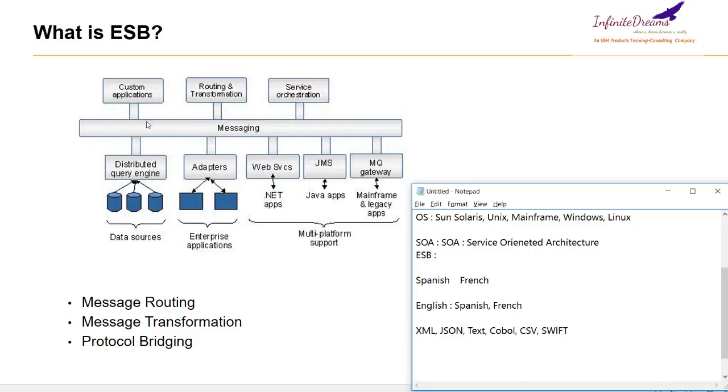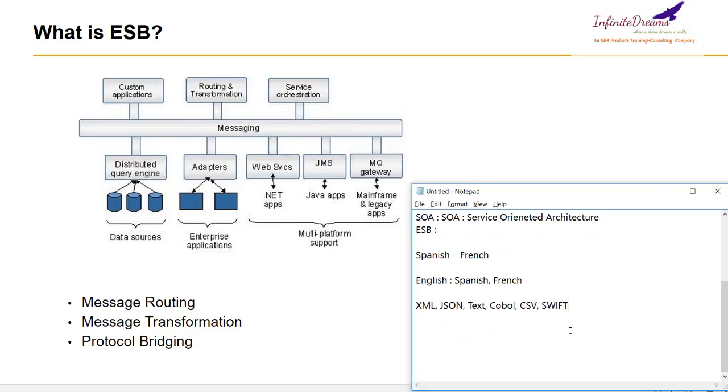I will internally convert that XML message to JSON, and I will deliver that JSON message to the system that wants to receive messages in JSON format. I will get the response in JSON format, and again I will convert it to XML and deliver it to you. So this capability of the ESB is called message transformation.